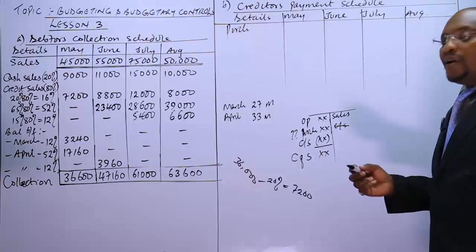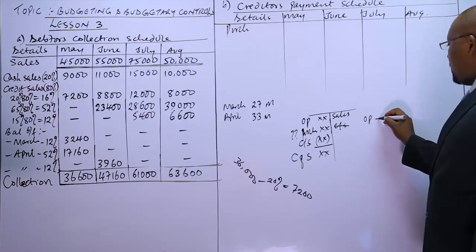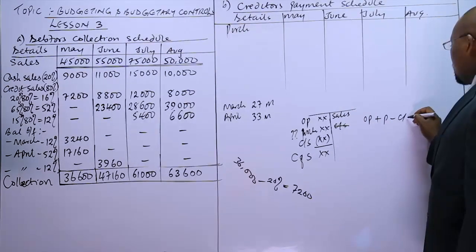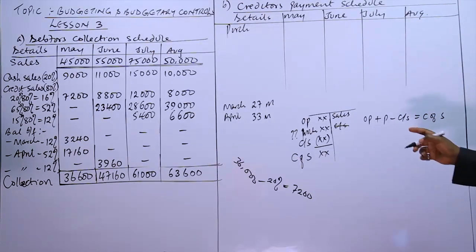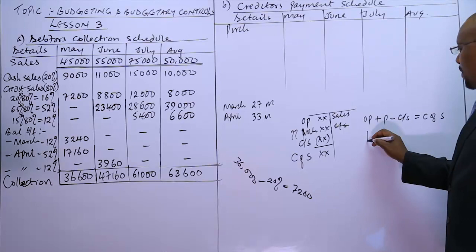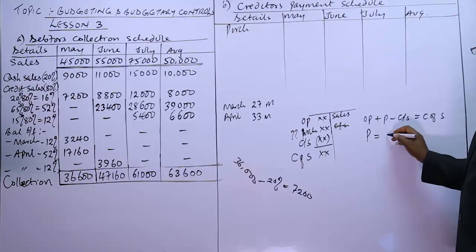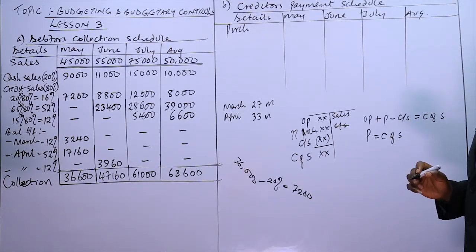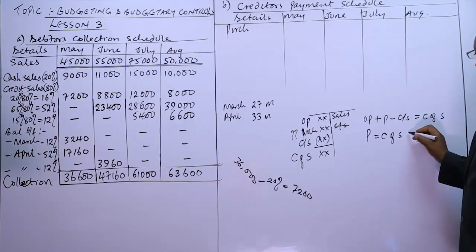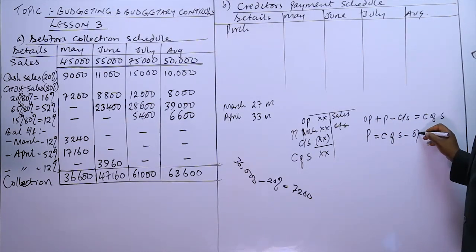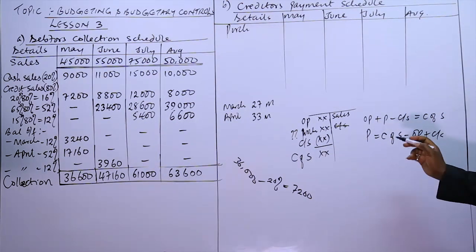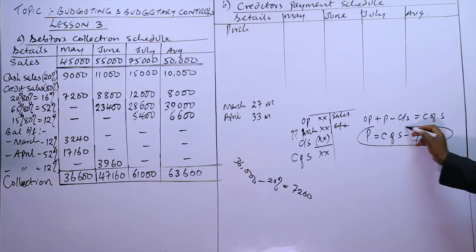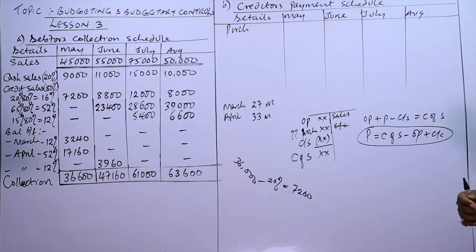As much as the formula was opening stock plus purchases minus closing stock equals cost of sales, we can make the purchases the subject, and this time purchases equals the cost of sales, then you transfer the opening stock as minus opening stock, and then we add the closing stock as we transfer them to the other side. So we are going to use this simple formula for us to understand what the purchases is.